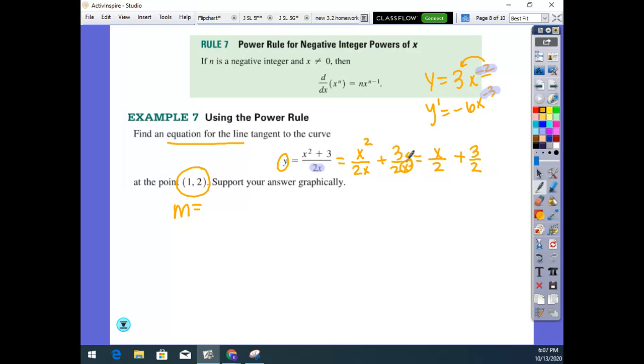Now I'm only moving the x, so everything else stays the same. If the x is positive in the denominator, when it moves up, it becomes negative in the numerator. And you can rewrite x over 2 as 1/2 x, and maybe it would make more sense to do it this way.